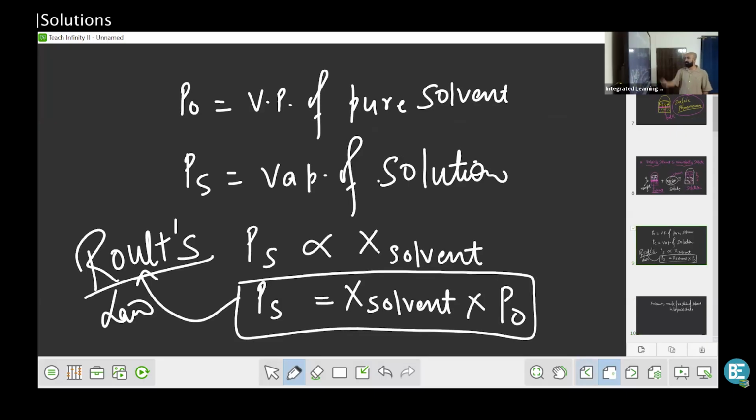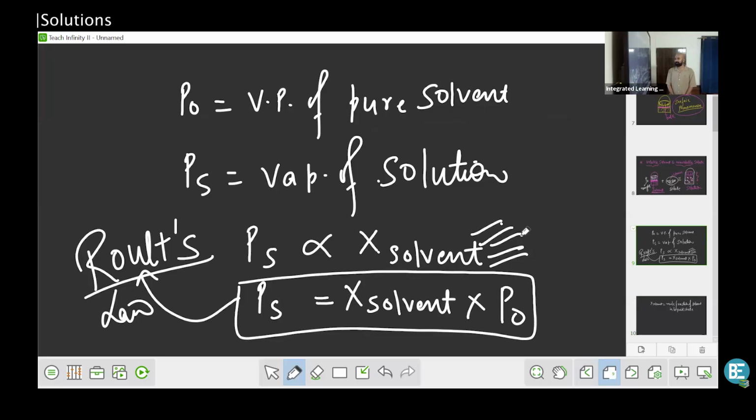Can you make the statement on your own? What is the statement? How would you read this equation as a statement? That vapor pressure of solution is proportional to mole fraction of solvent at a constant temperature.